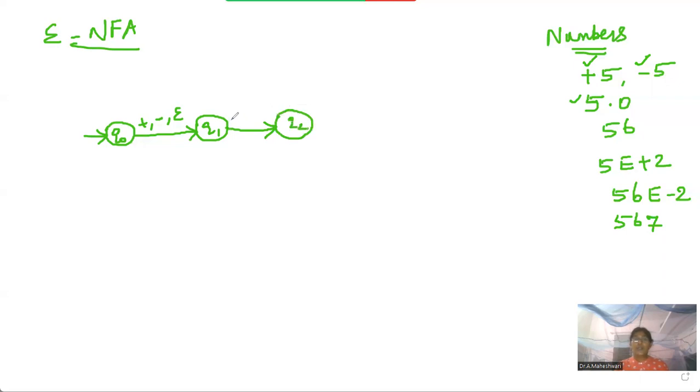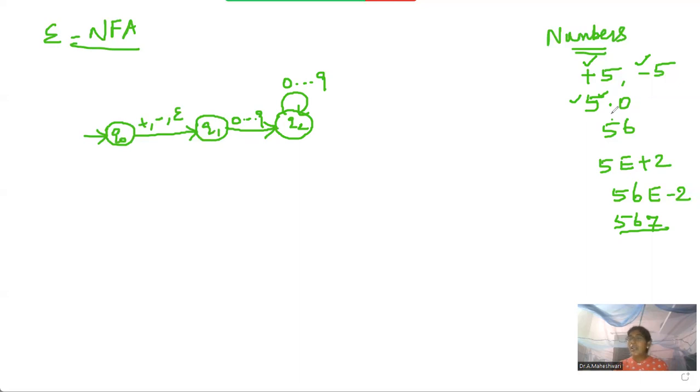Here I'll give 0 to 9, so if you want repeated digits, I can use a self loop. Why have I given 0 to 9? Whatever number you want, you can take it. This is our general format of numbers. So 56 and 5, 6, 7 can also be recognized using the state, straight line and self loop.